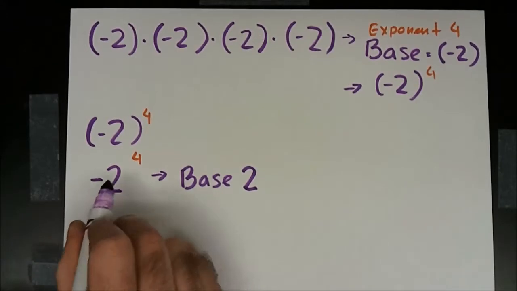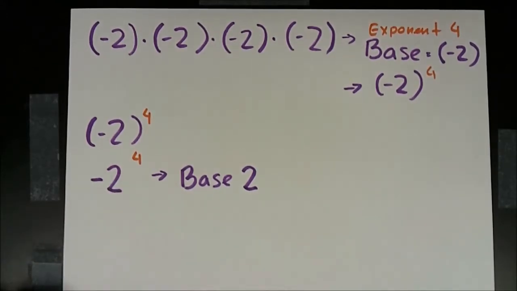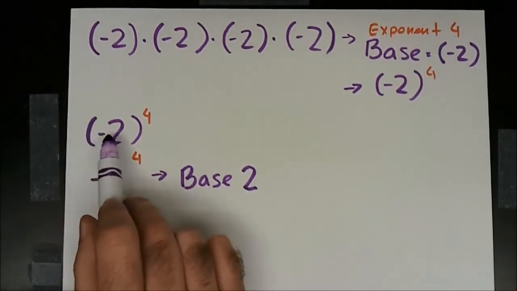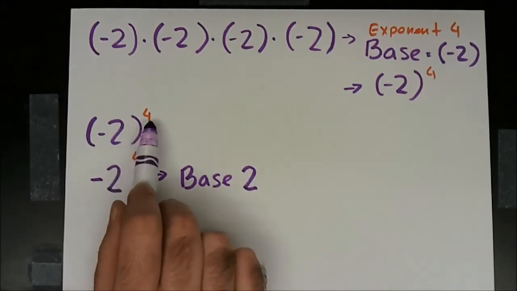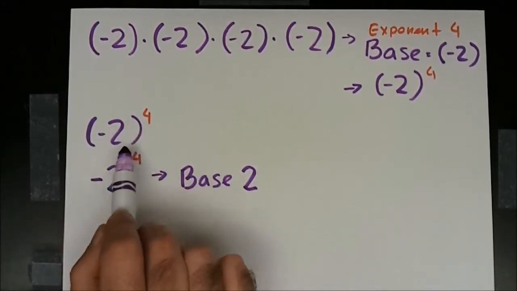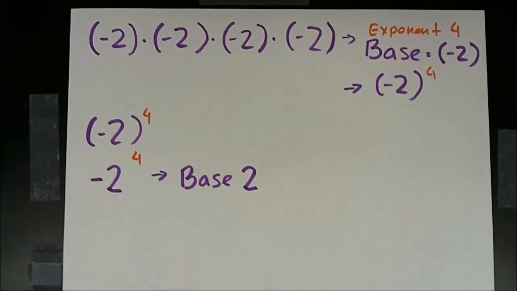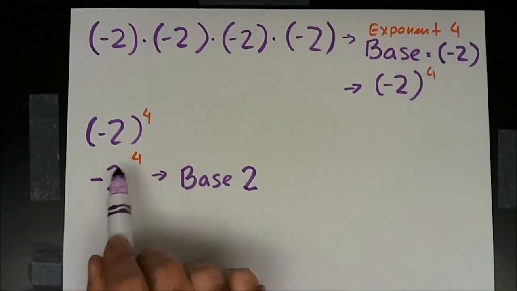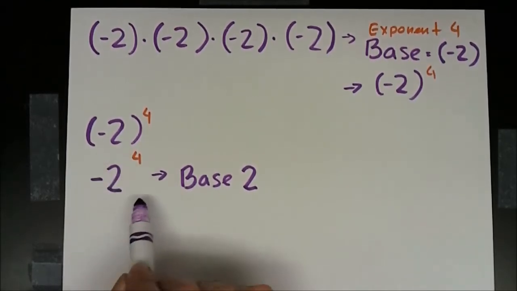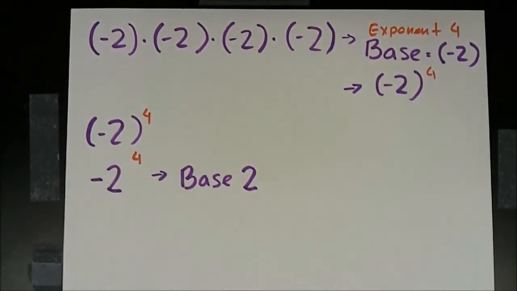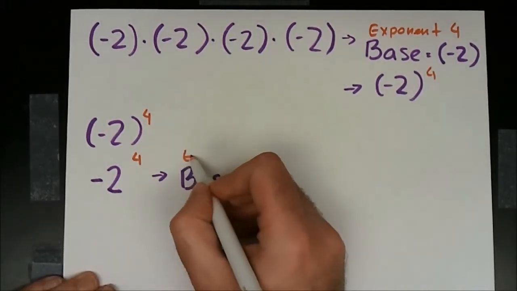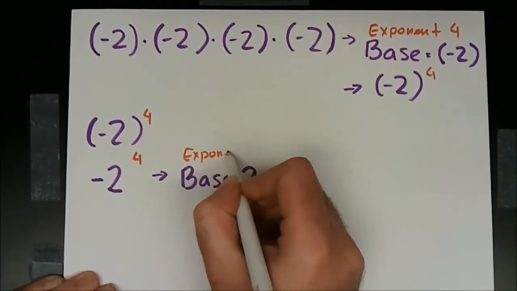The negative now is no longer attached to the exponent, which means the exponent will not modify it. The exponent will consider just the 2 as the base. While the negative was in the parentheses, the exponent observed that parenthesis and it modified the negative number as well. Now that the negative is outside the parenthesis, the exponent will only modify what it's attached to, in this case, the 2. So the exponent is still 4, that never changed.